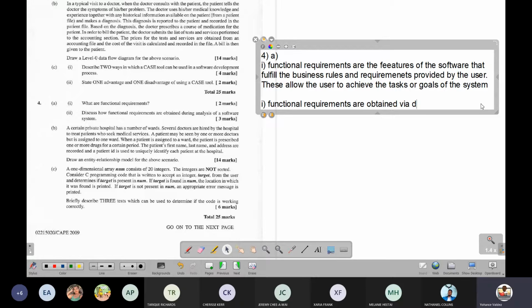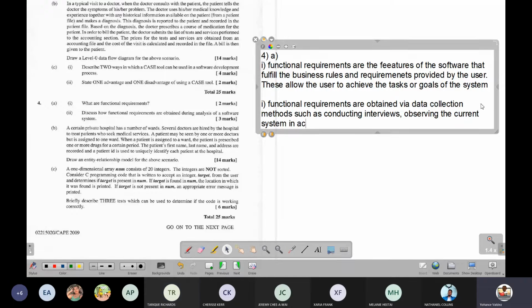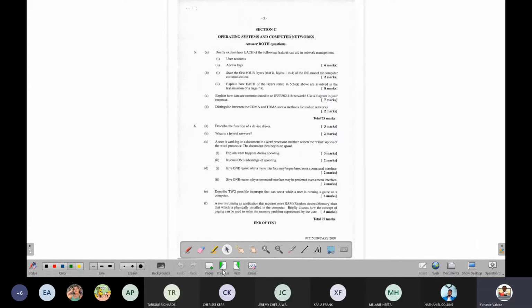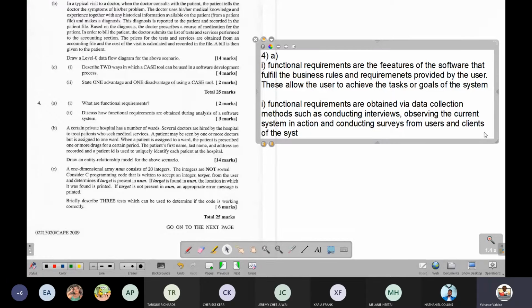Via data collection methods such as conducting interviews, observing the current system in action, and conducting surveys, so that from users and clients of the system.